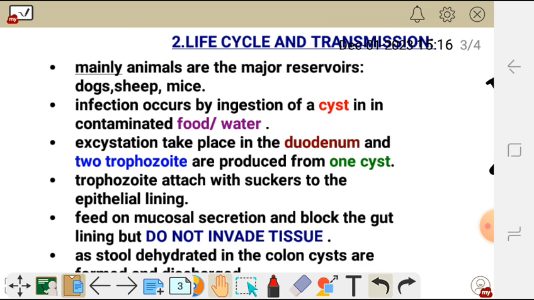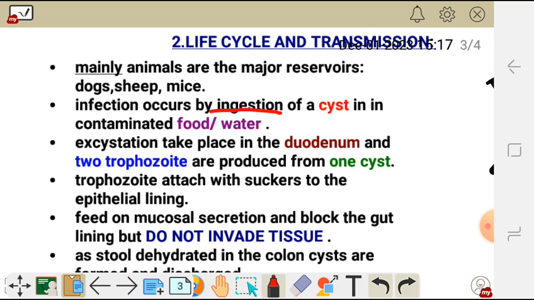There are animals which are major reservoirs of this parasite. Mainly we have dogs, sheep, and mice. Okay, as I've already said, the infectious stage is the cyst stage.